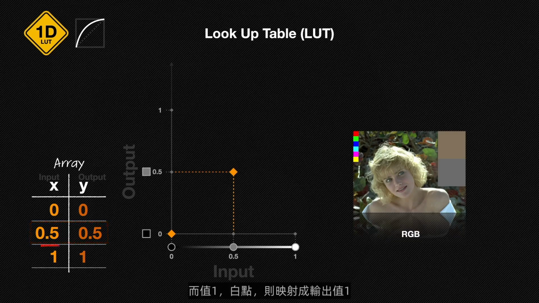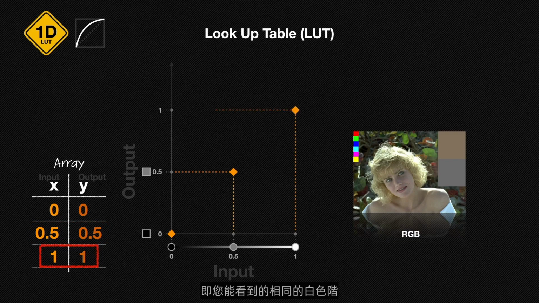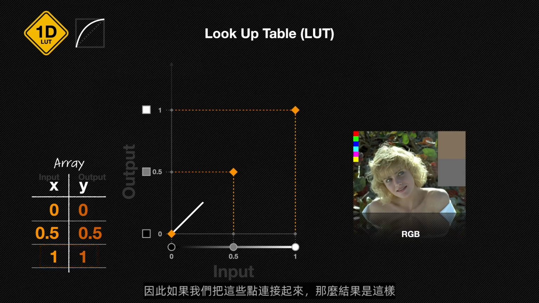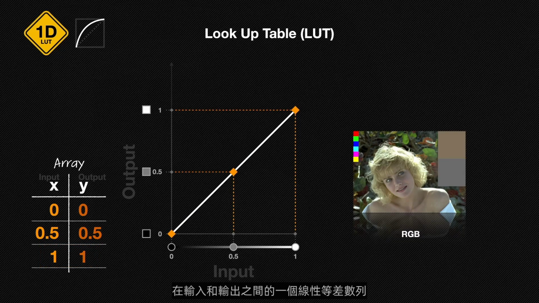And value 1, the white point, is mapped into the output value 1, the same level of white, as you can see. So if we connect those points, the result is this: a linear arithmetic progression between the input and the output. In other words, the image remains unchanged. We can call this LUT at rest, meaning it isn't changing the image that is being applied to.